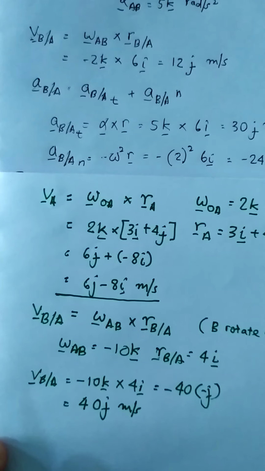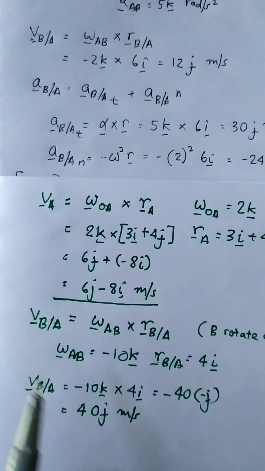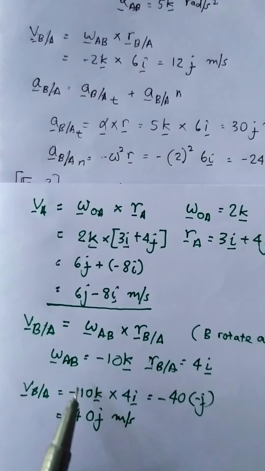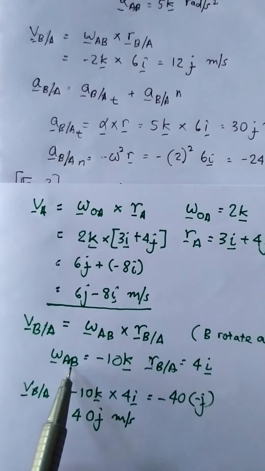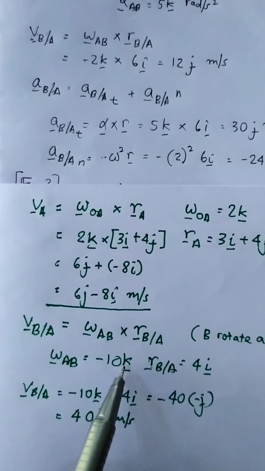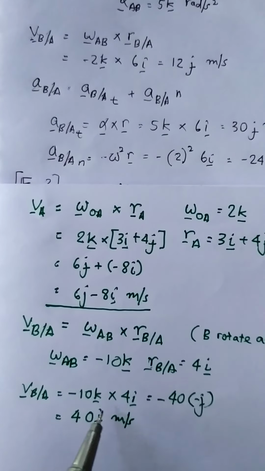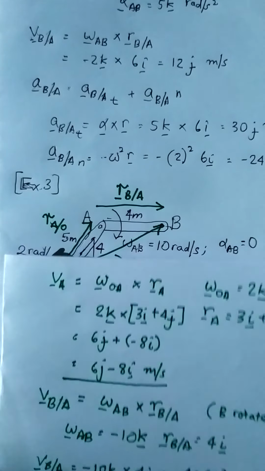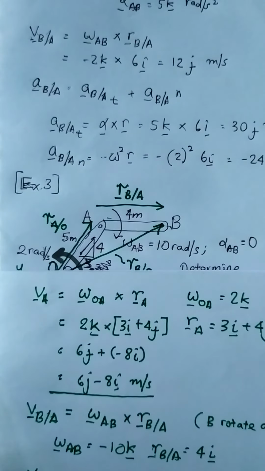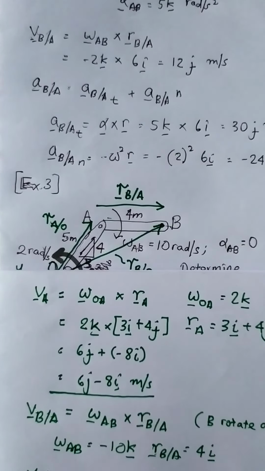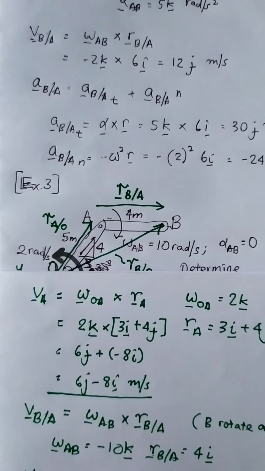So VB relative to A equals omega cross R. Omega is minus 10k, position vector B relative to A is 4i, k cross i is j, sorry, this is positive j.